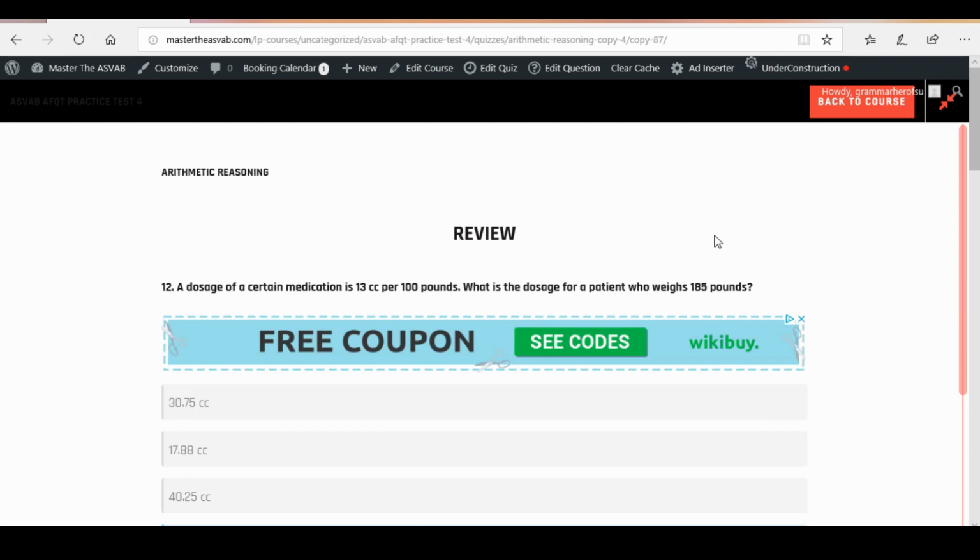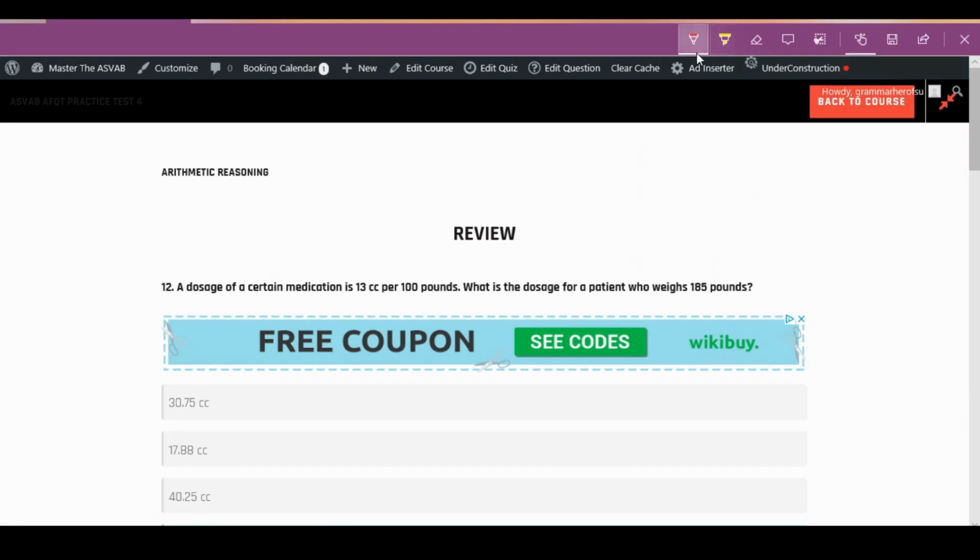Okay, number 12 says a dosage of a certain medication is 13 cc's per 100 pounds. What is the dosage for a patient who weighs 185 pounds? So again, you should be able to recognize that this is going to be a proportion problem. 13 cc's per 100 pounds equals how many cc's per 185 pounds?